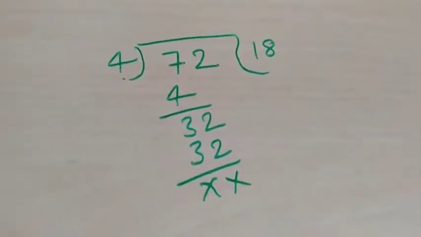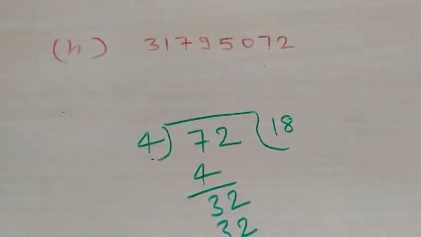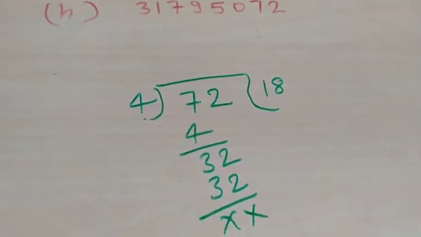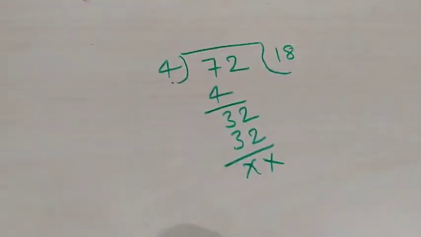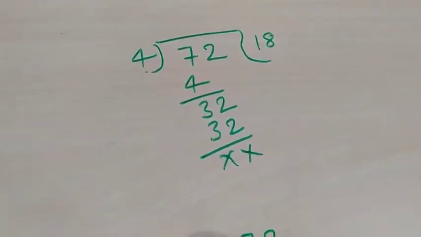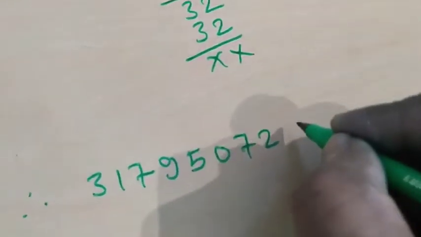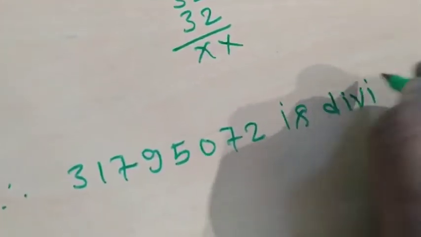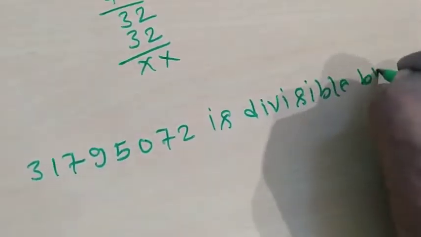Okay, so the last two digits 72 are divisible by 4, therefore the given number 3,70,95,072 is divisible by 4.